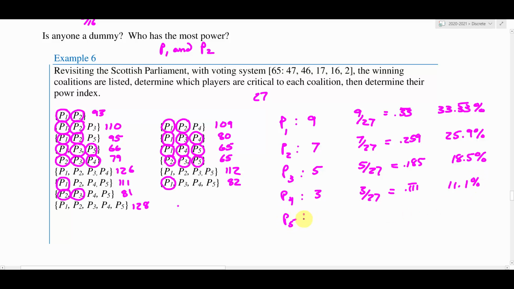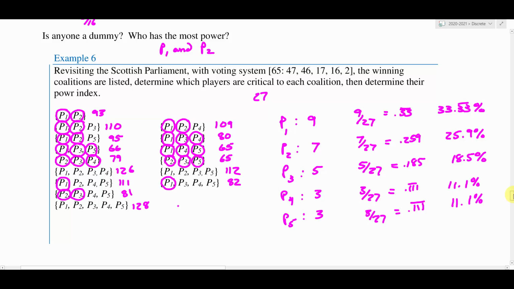Right, and then our last player, player 5 with the 2 votes, was actually critical 3 times. And that would be 3 out of 27 for 0.111, just like the last one, for 11.1% of the power. And there we go. Now we have our power index.